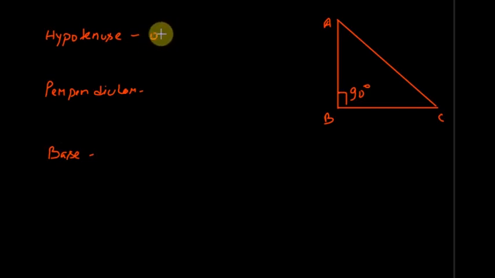Hypotenuse is basically the opposite side of the right angle. Right angle is 90 degrees. In a triangle we have three sides, right? The sides are AB, BC and AC. So the opposite side of the right angle is the hypotenuse.